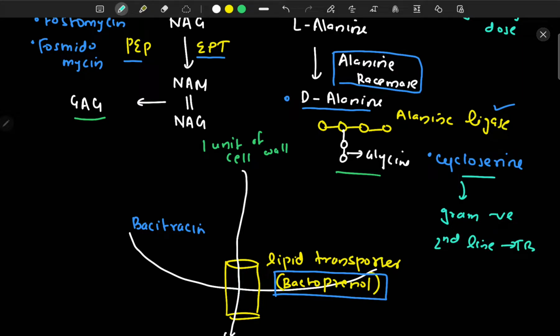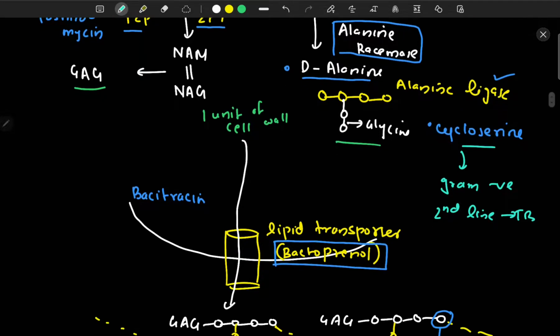It is not that commonly used because of its side effects. It has neuropsychiatric side effects such as seizure, psychosis, peripheral neuropathy. So such side effects are common with cycloserine.